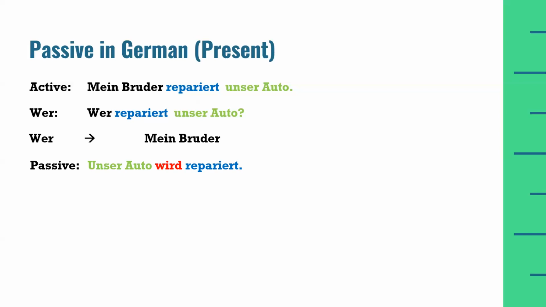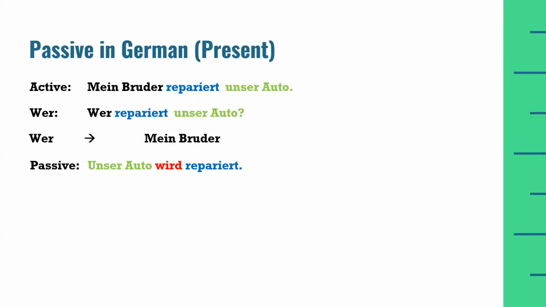Unser Auto wird repariert. Now, what we have done is that we have taken the object of the active sentence and made it the subject of the passive sentence. Then we have used the werden verb and conjugated it according to the subject of the sentence, which is unser Auto, third person singular, and werden becomes wird.